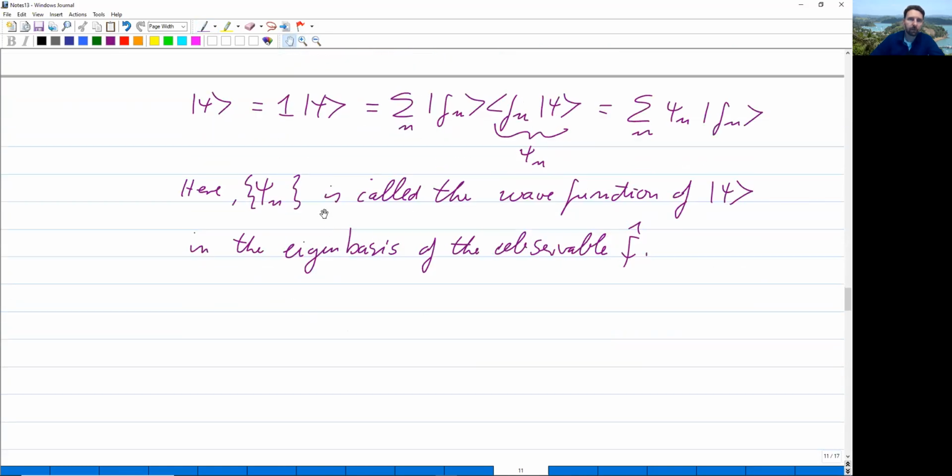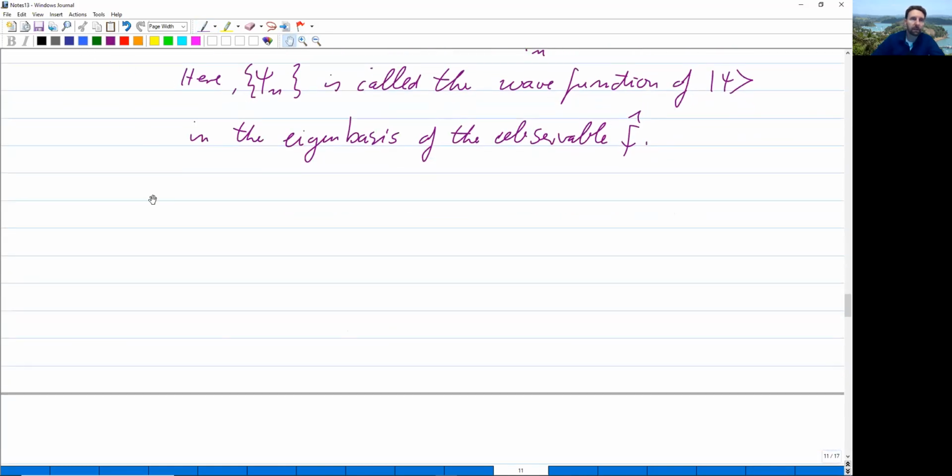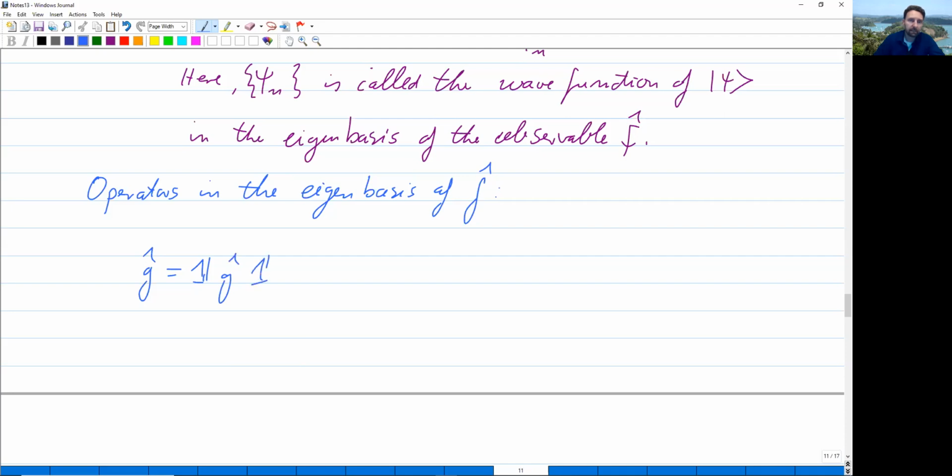Also, we can express now operators in the eigenbasis of f hat. So take, for example, an operator g hat. And we want to express it in the eigenbasis of f hat. Well, we write it as the identity to the left, g hat, and then the identity to the right.